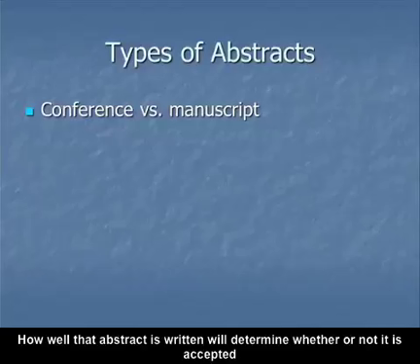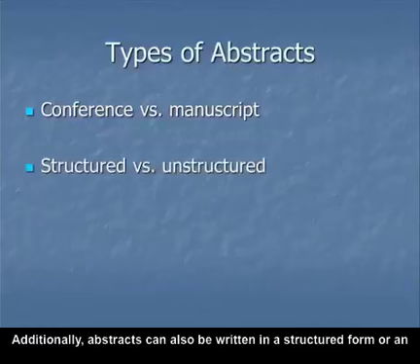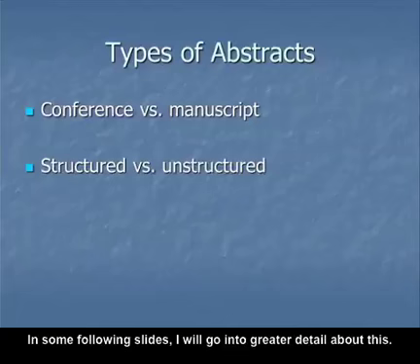How well that abstract is written will determine whether or not it is accepted for an oral presentation or a poster presentation. Additionally, abstracts can also be written in a structured form or an unstructured form. In some following slides, I will go into greater detail about this.